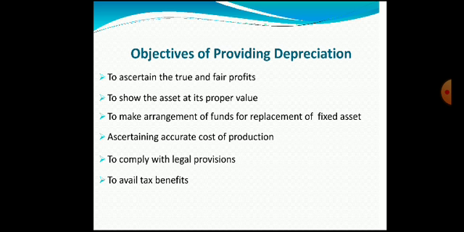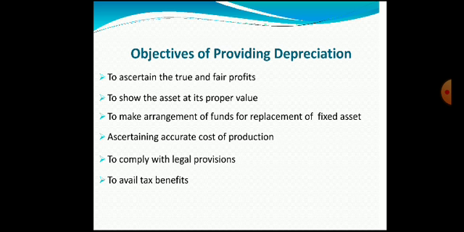Say at the end of, after using for 1 year, he has already consumed 20,000 rupees value of the asset for that particular period, but he did not charge the depreciation amount. Instead, he has shown 1 lakh as the asset value, which is not the exact or accurate value of the property that is held by the businessman.